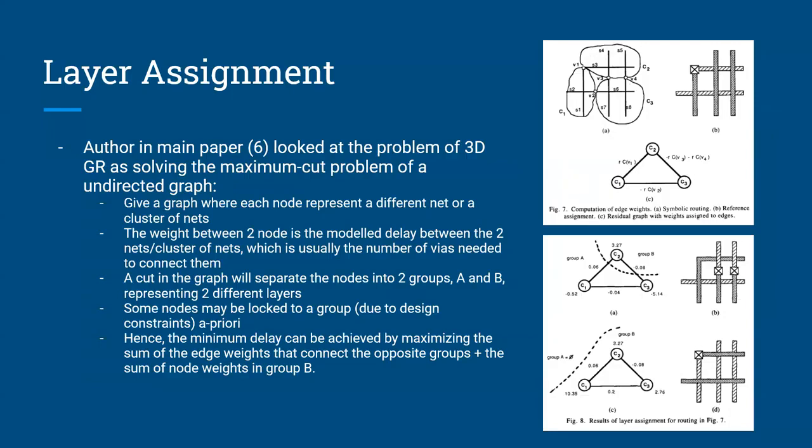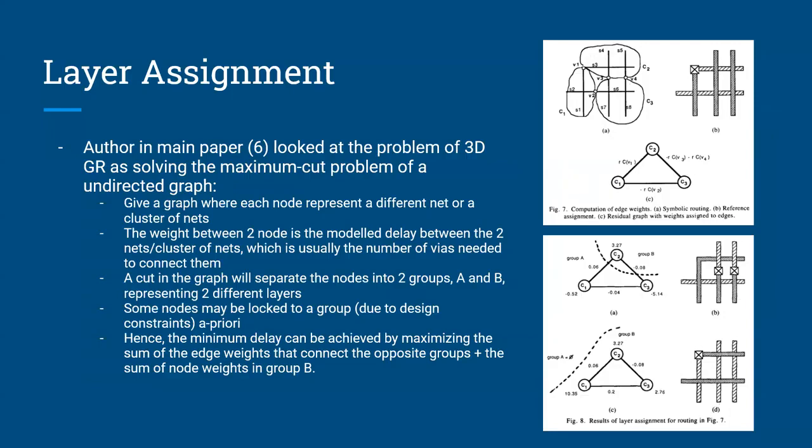A cut in the graph will separate the nodes into two groups, A and B, representing two different layers. Some nodes may be locked into a group due to design constraints and some sort of prior knowledge.